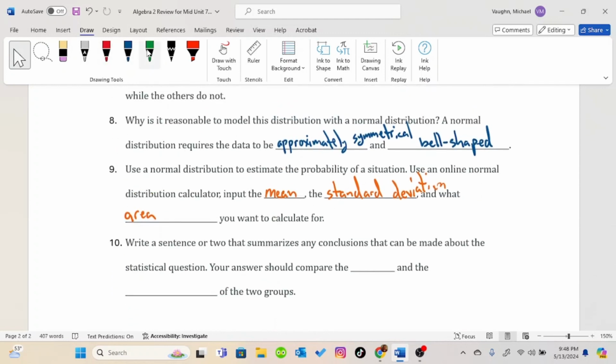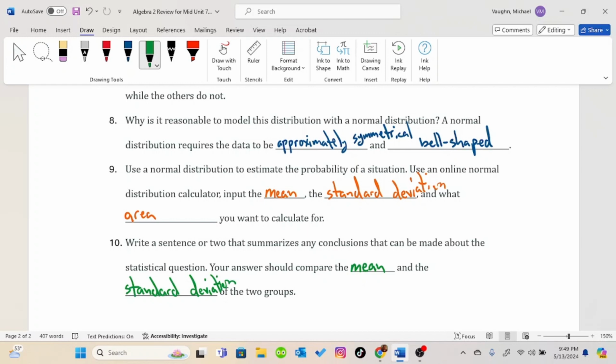And our last point here, number 10, write a sentence or two that summarizes any conclusions that can be made about the statistical question. So when you're getting to this point, the answer that you write should compare the mean and the standard deviation of the two groups.